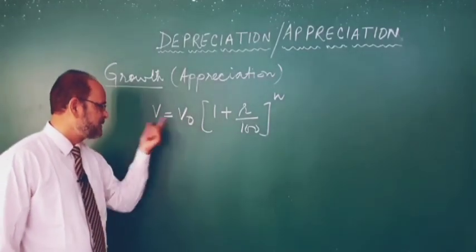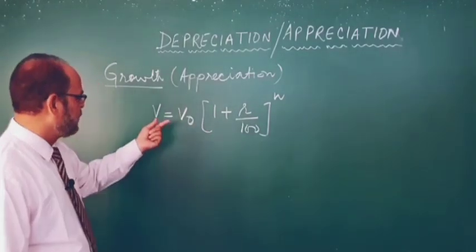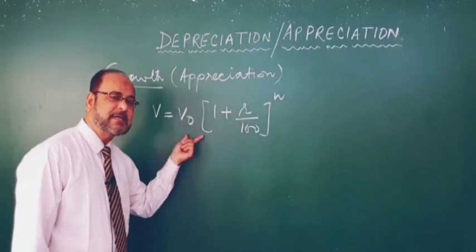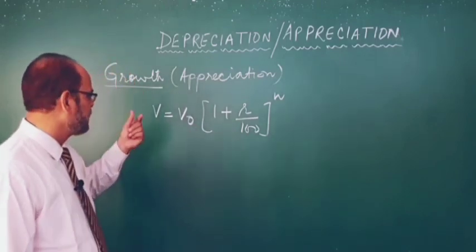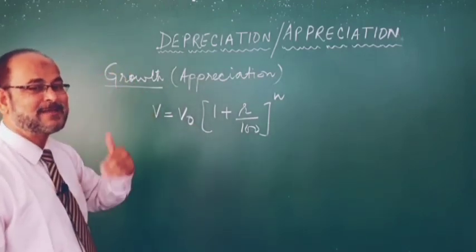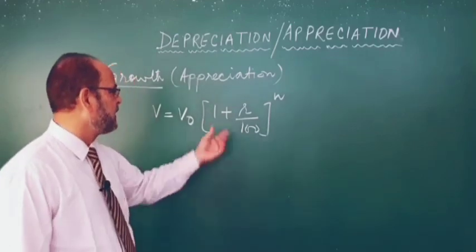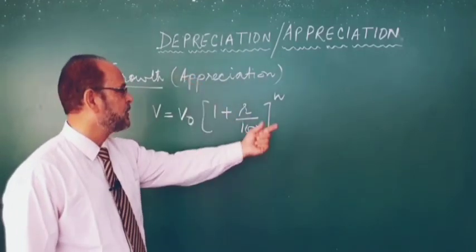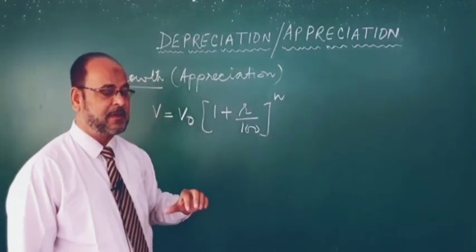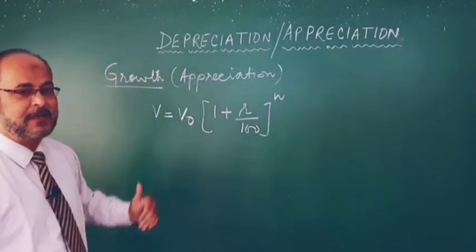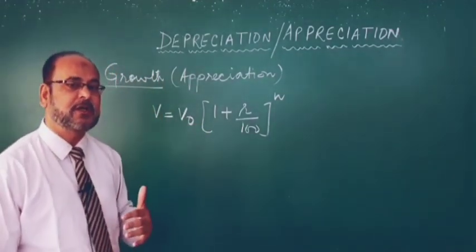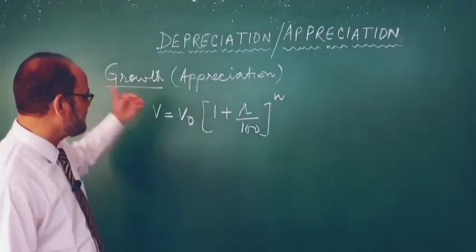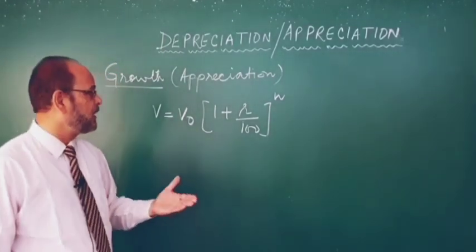Let's see what these symbols stand for. V0 is the present value of the quantity. V is the value after a certain period of time. R is the rate of growth and n is the time.